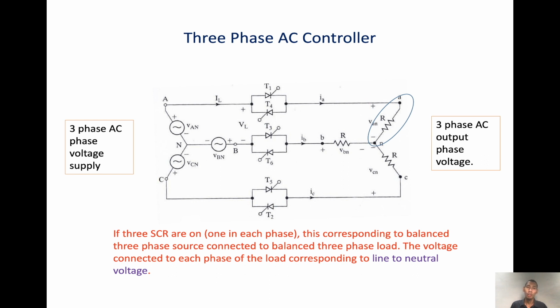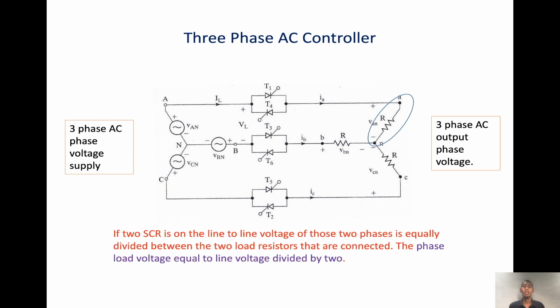So if 3 thyristors are on, for example T1, T6 and T2, the voltage across the load phase is exactly VAN. I repeat, if 3 thyristors are on, the voltage is exactly VAN.